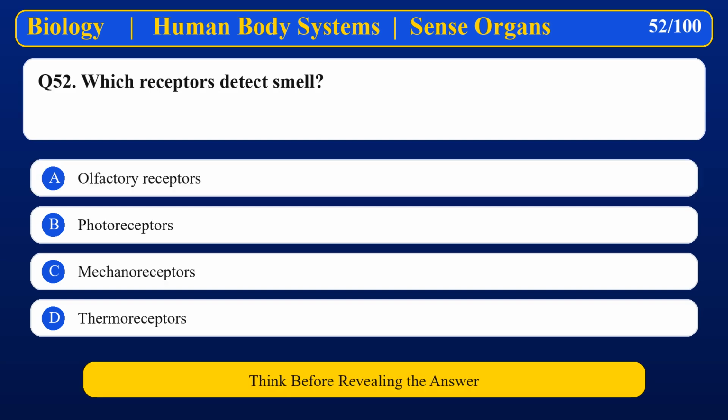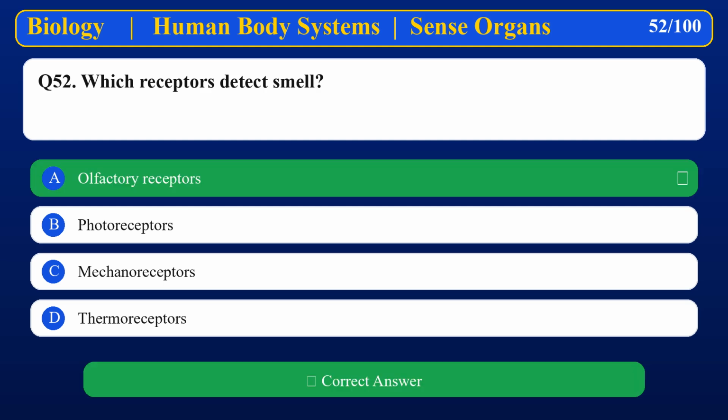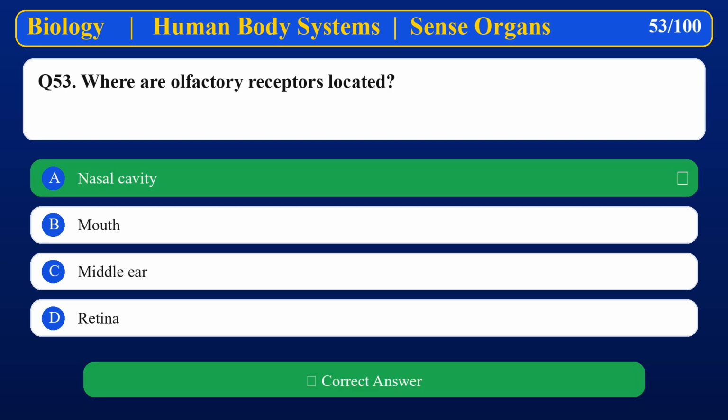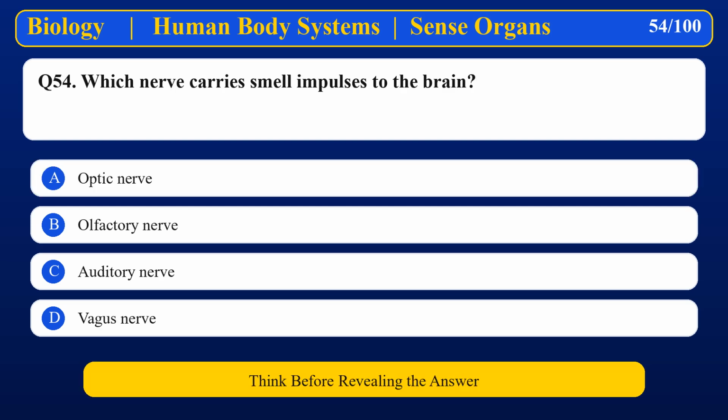Nose. Which receptors detect smell? Olfactory receptors. Where are olfactory receptors located? Nasal cavity. Which nerve carries smell impulses to the brain?